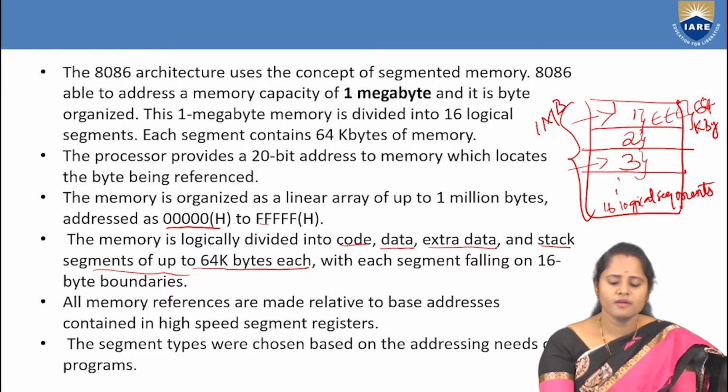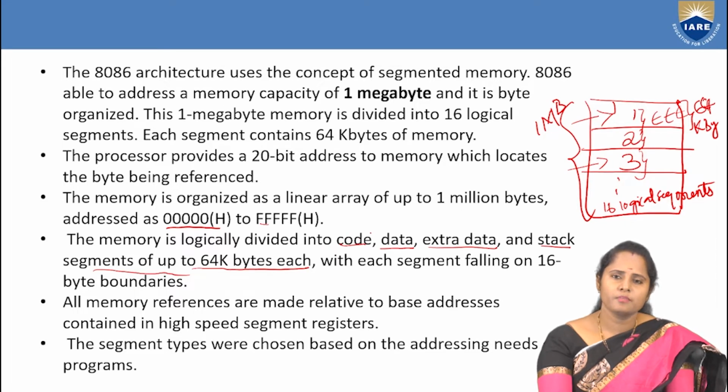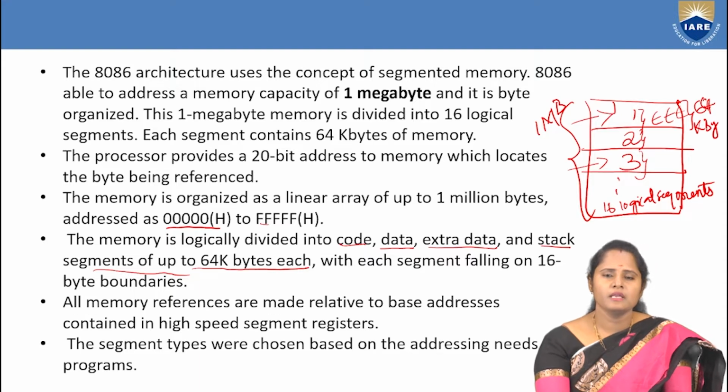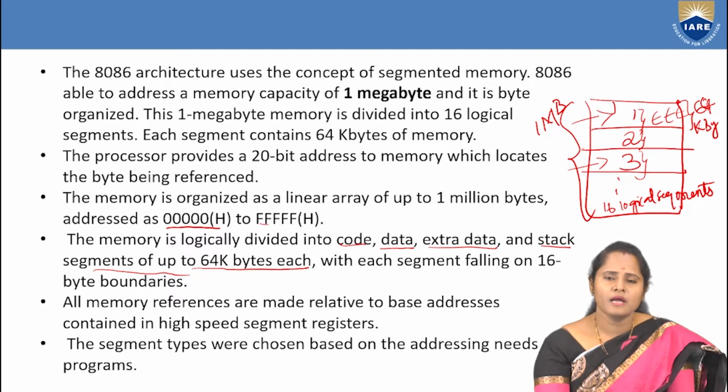Generally we have a code segment, which stores the code of the particular application. Suppose I have written code for an external device, for example a printer. The printer-related code, written either in embedded C or assembly language, is stored in the code segment.